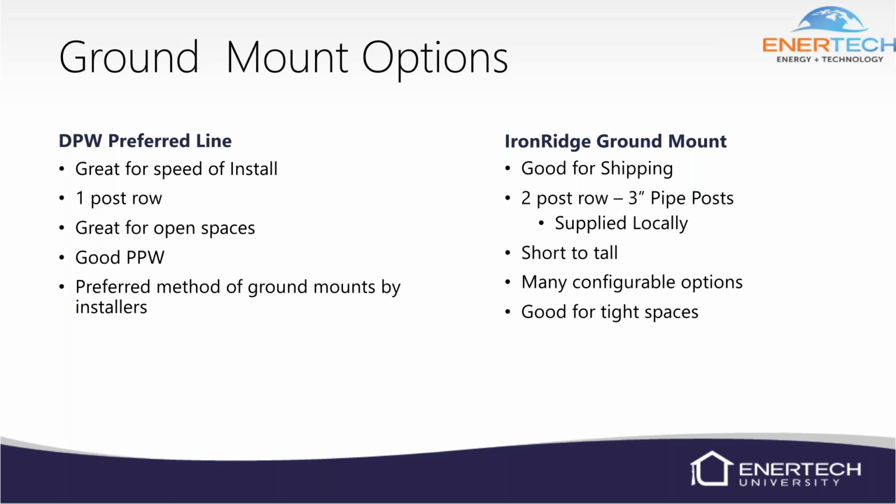Some of the ground mount options, we usually use 2 different manufacturers for the racking. We prefer the DPW. That's our preferred line. It's a very fast installation. I'll show a picture of it here in just a second, but it looks kind of like an I-beam, and they can drive it into the ground.